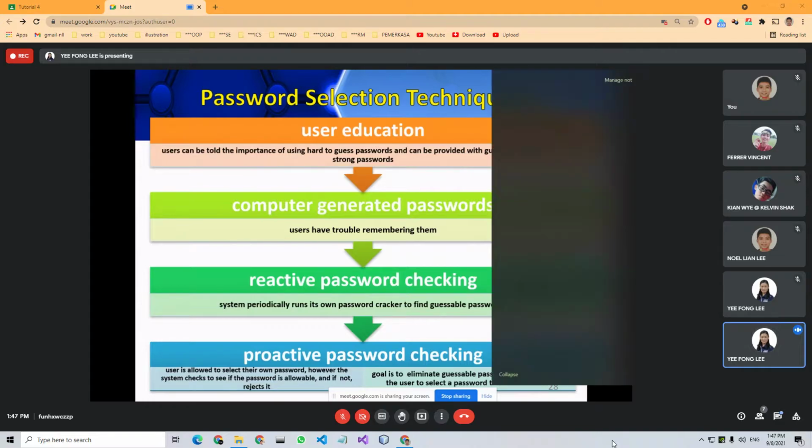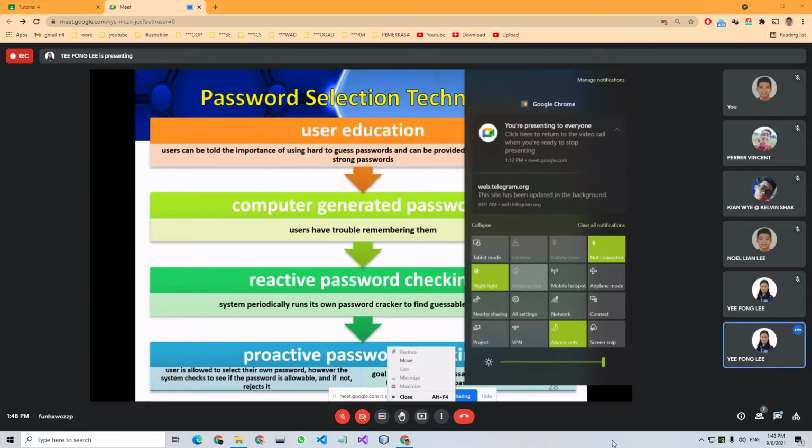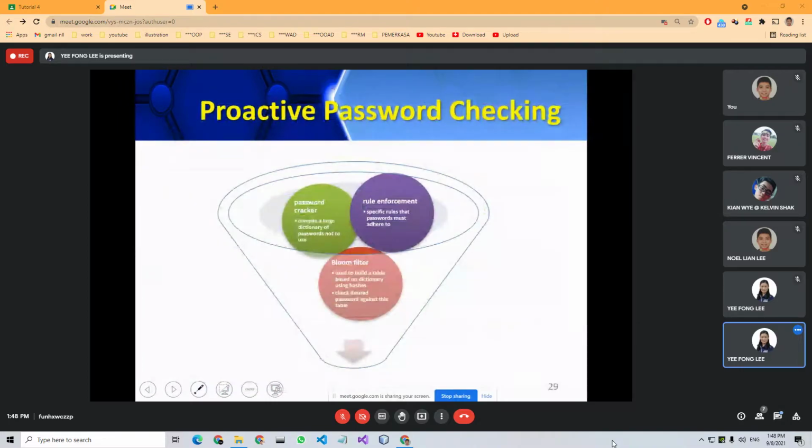Next one, proactive password checking. The rule with a proactive password checker here is to get the balance between the strength of the password and the user acceptability.